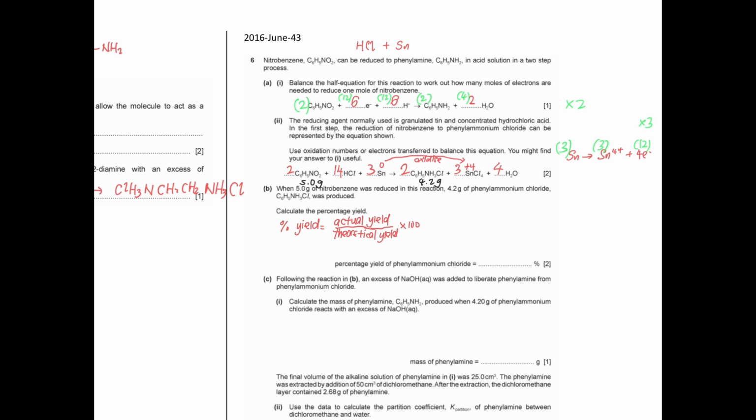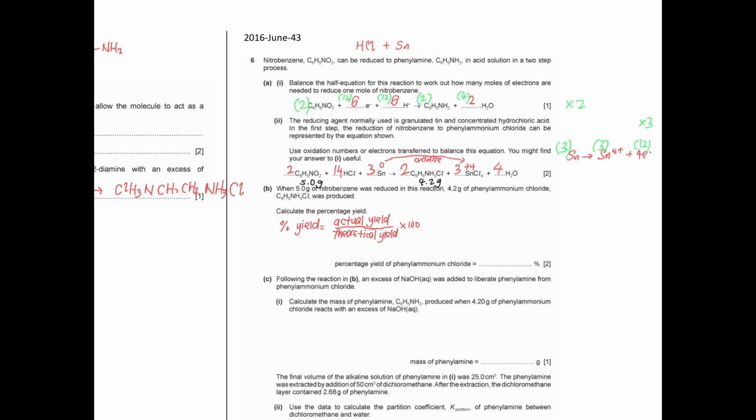So the thing is, should we use gram for the actual yield and theoretical yield, or should we use mole? That is the thing.